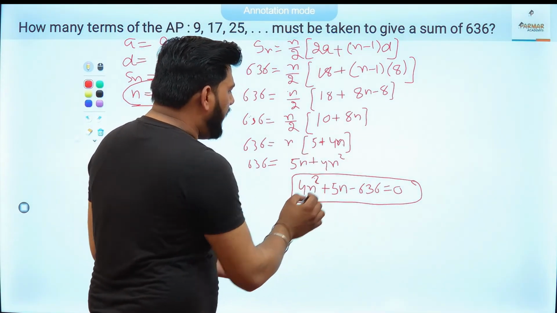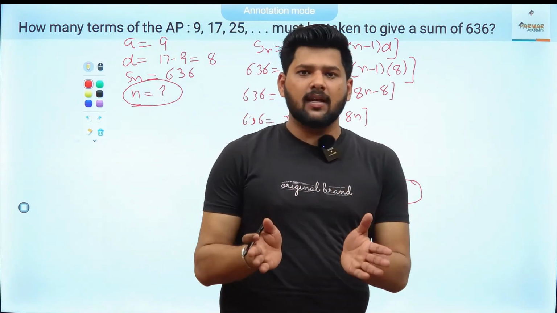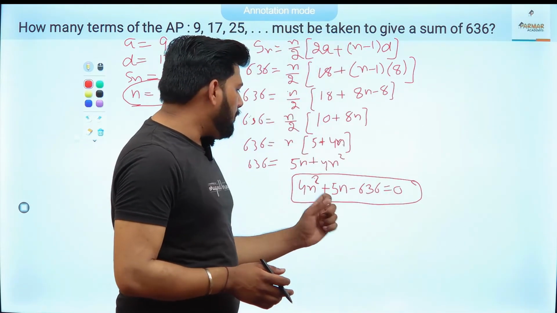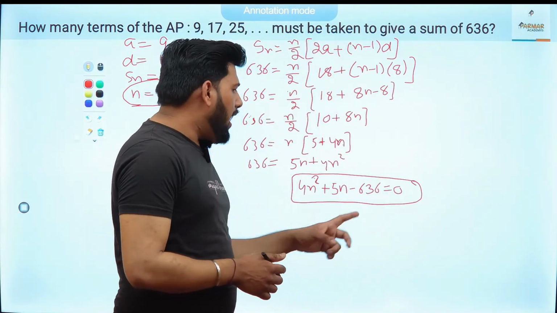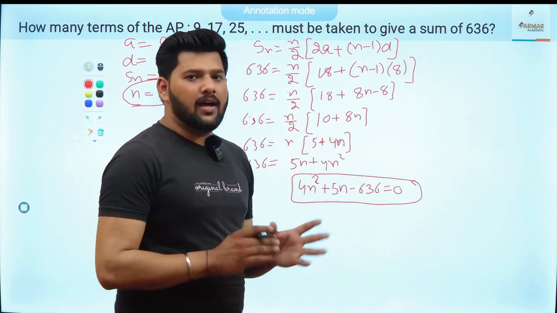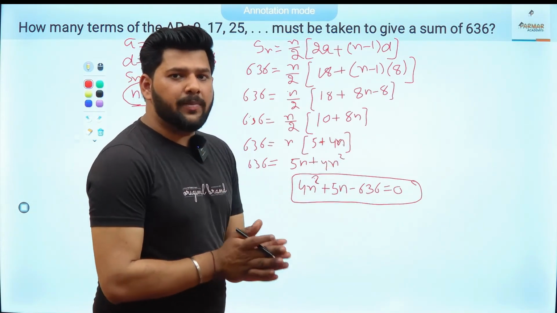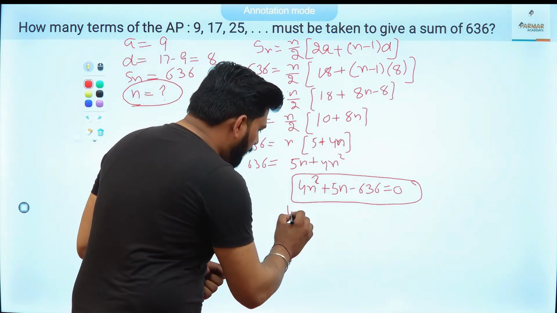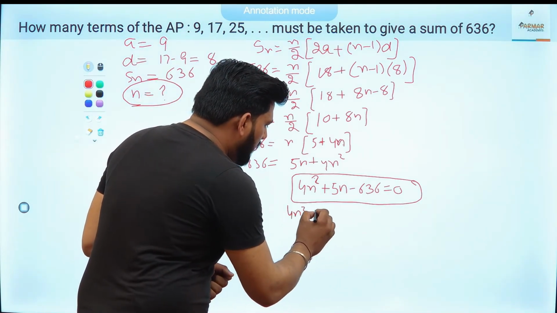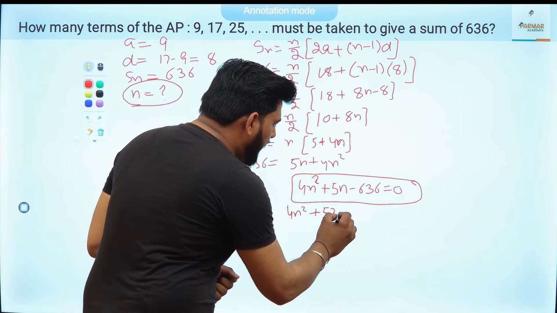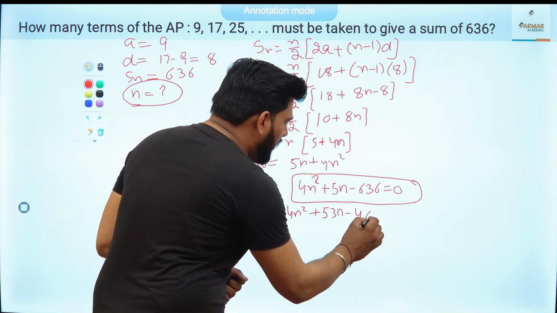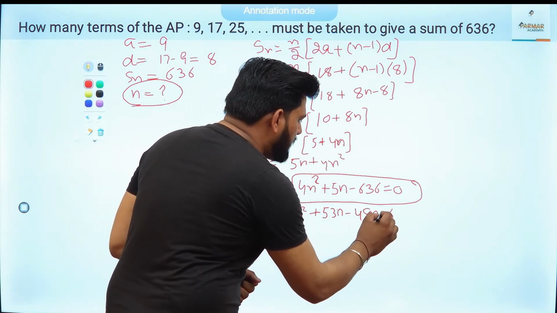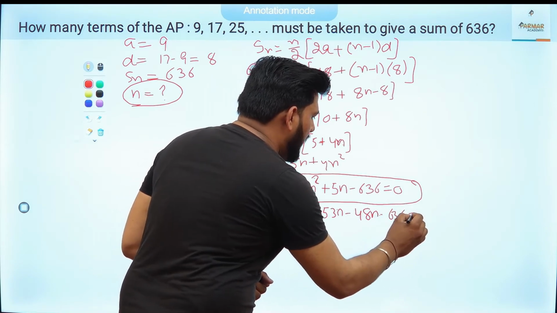Now we have to break 5n into two parts such that the sum, plus or minus, is equal to 5 and the product is equal to the product of the first and last term. So simply that split is 53 and 48. So that is 4n square plus 53n minus 48n minus 636, that is equal to 0.